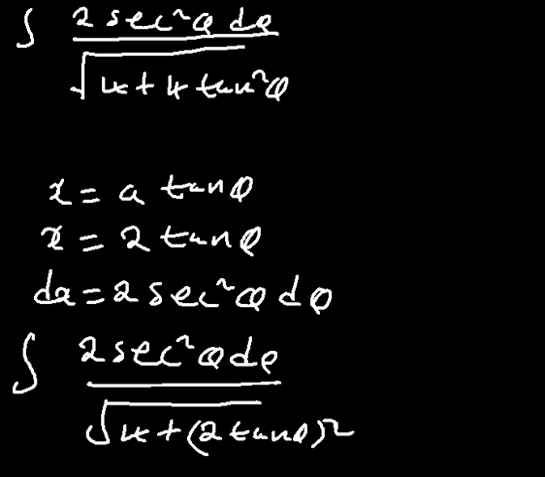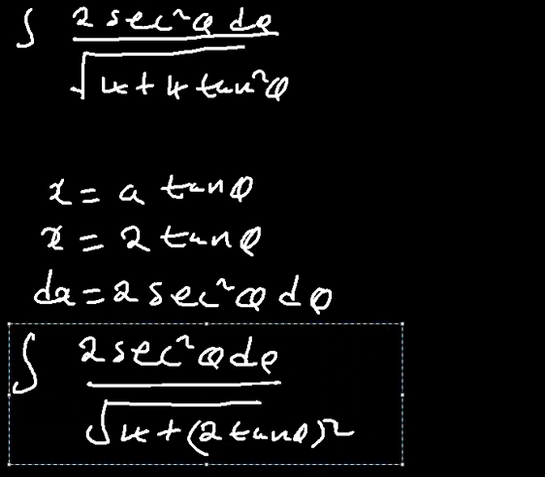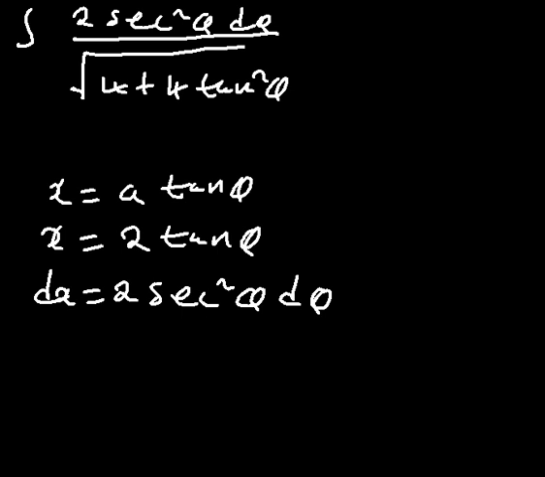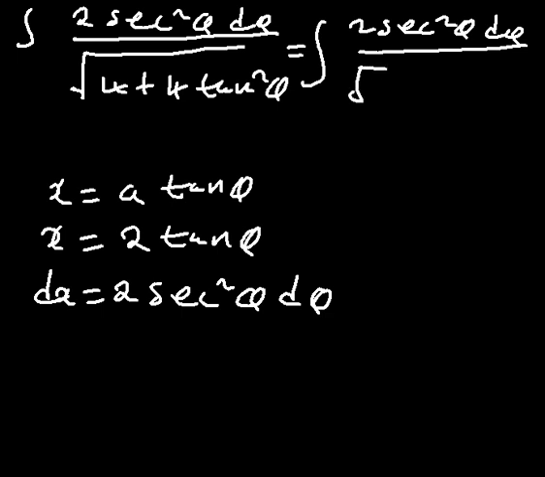Now we factor out 4, since that is the common factor, so we have the integral of 2 sec square theta d theta divided by the square root of 4 times 1 plus tan square theta.